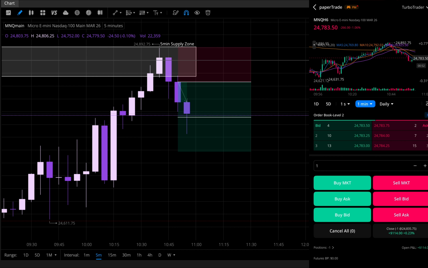One minute left. It's because we're at this resistance line. We already pushed below it. We just need to close below it.